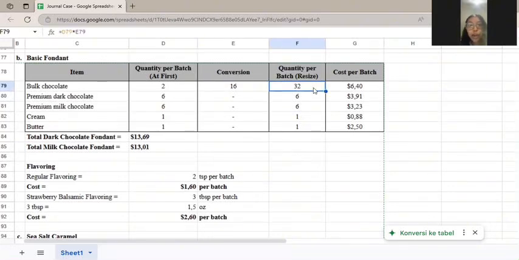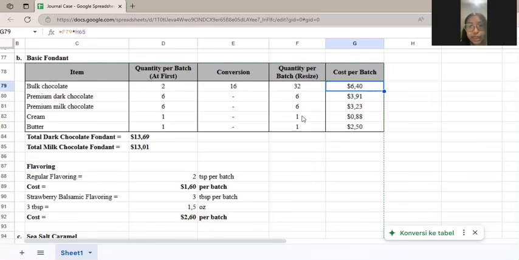And the cost per batch is quantity per batch times cost per unit. We already searched for the cost per unit from the previous table. It's from cell H65.